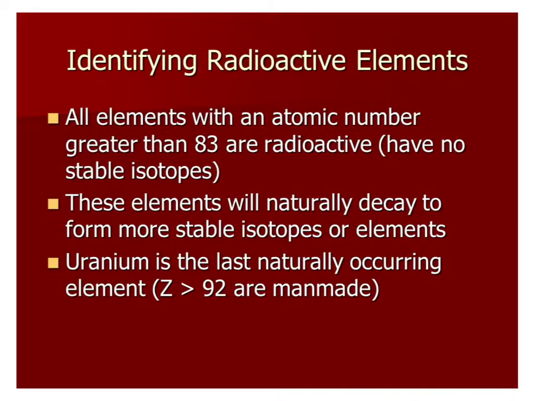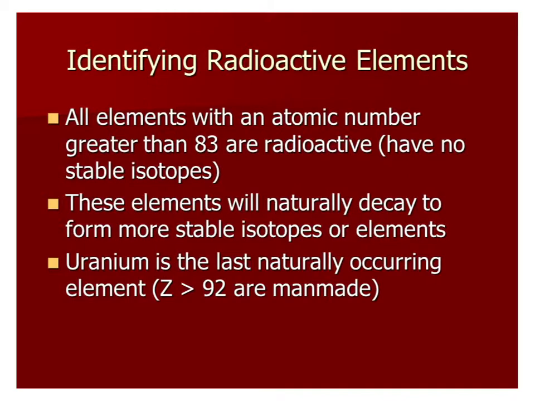These elements will naturally decay to form more stable isotopes or elements. Uranium is the last naturally occurring element in the periodic table. Everything above uranium, with an atomic number greater than 92, is man-made.